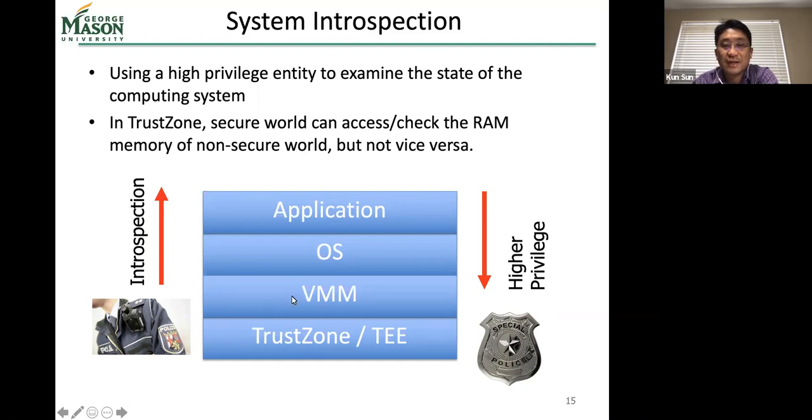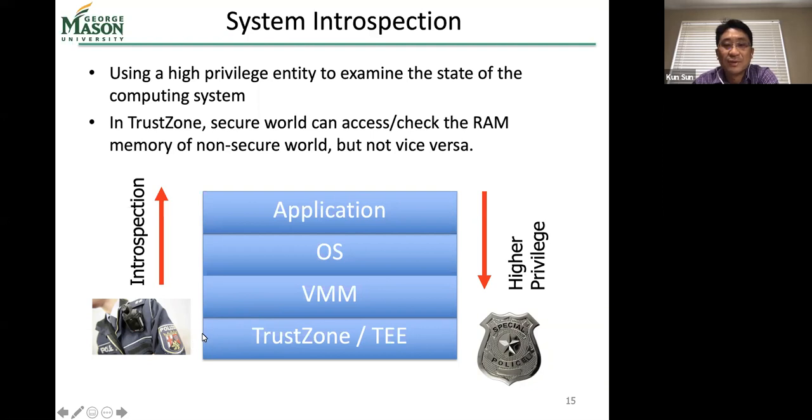If a malicious attacker compromises the whole normal world, including the hypervisor, then from this TrustZone we can still detect those malicious codes by inspecting the RAM memory. This is because of the higher privilege: TrustZone can introspect the hypervisor, the hypervisor can introspect the OS, and the OS can introspect the application, right?